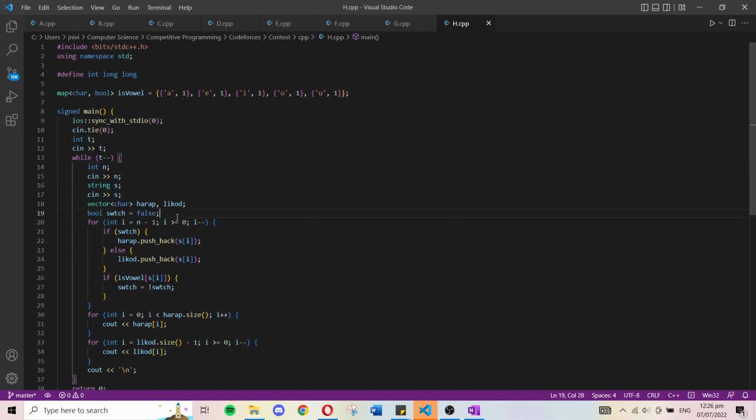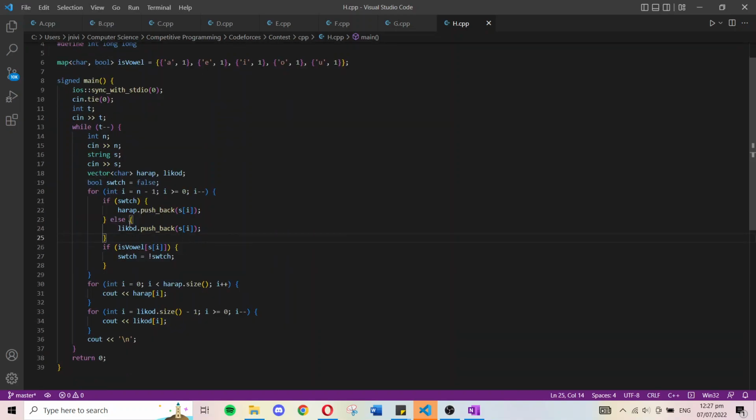Now, we define a vector of characters called harap and likod, or front and back, and a bool, which is switch. Okay, so what happens here? What happens in the main loop? Basically, we iterate from the back, right? Don't forget to put -1 here if you have a zero indexed array.